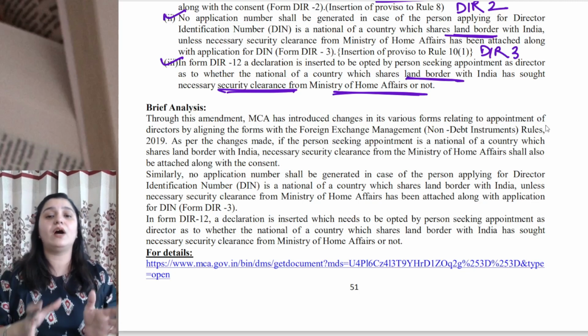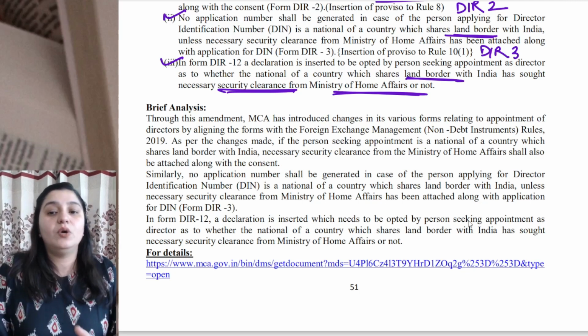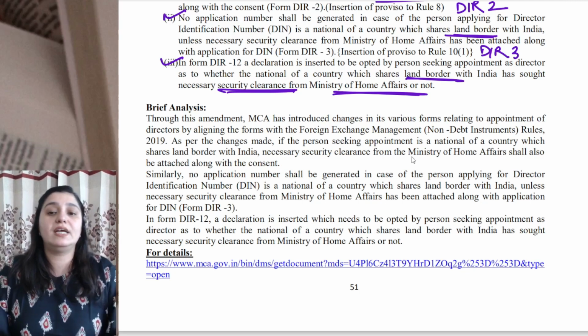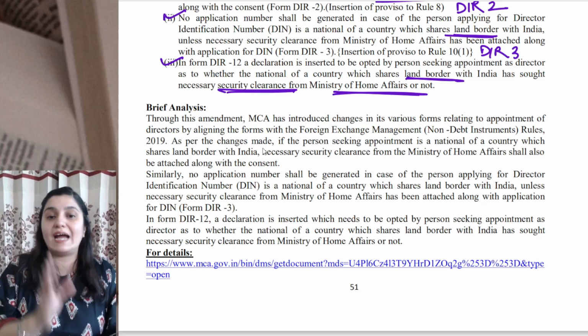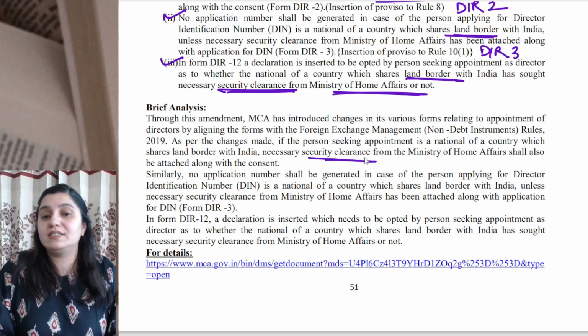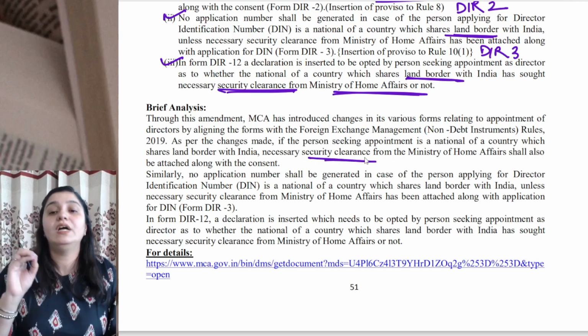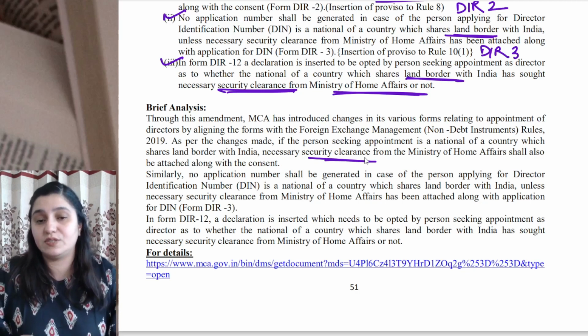In the same way, now actually they had come up with lot many forms. Now they have entered with the security clearance. So here they say if a person is seeking appointment and he is a national of a country which shares land borders with India, they need to obtain the necessary security clearance from Ministry of Home Affairs, and they have to attach it with the consent as well.